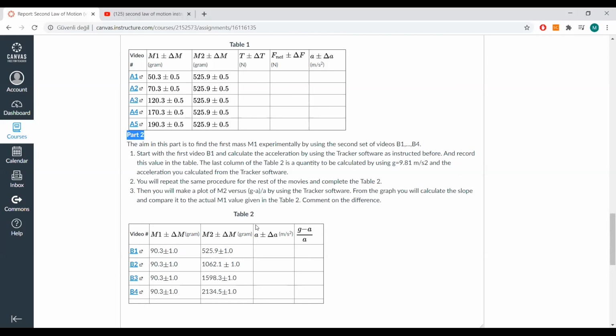At this part, the acceleration value should be calculated again like in the first part. Then it should be recorded in Table 2 with the error value for each video.